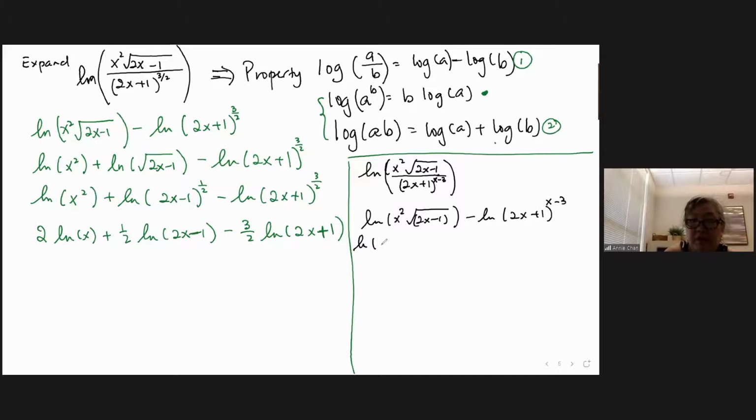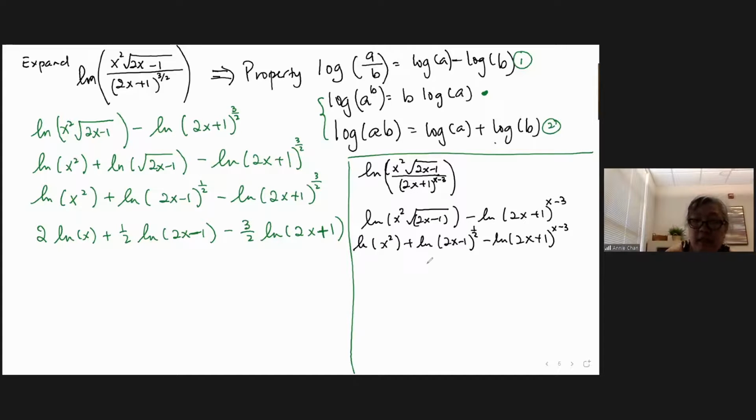So I'm going to have natural log of x squared plus natural log of, I'm just going to switch this one, okay? 2x minus 1 to the power of 1/2 minus natural log of 2x plus 1 to the x minus 3 to the power x minus 3. Yes? Okay. Now I'm done.